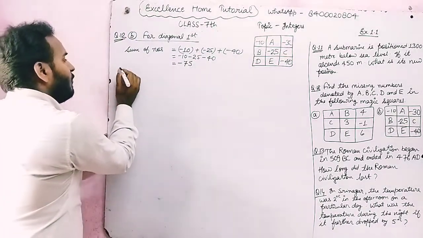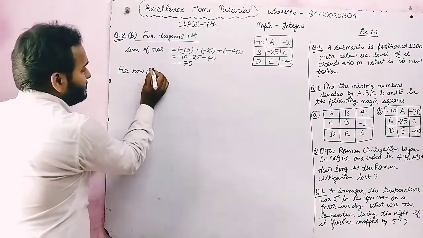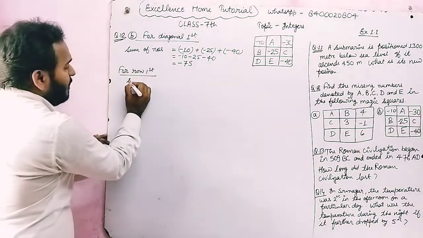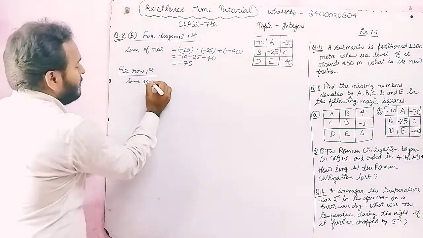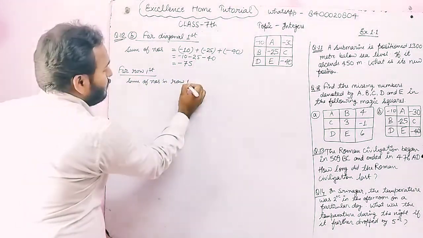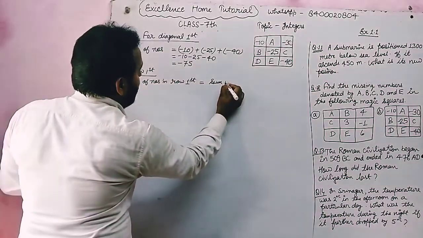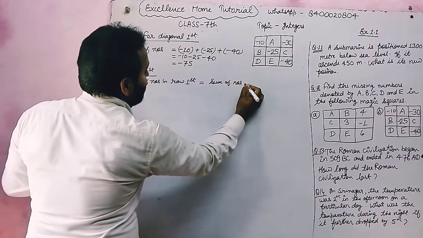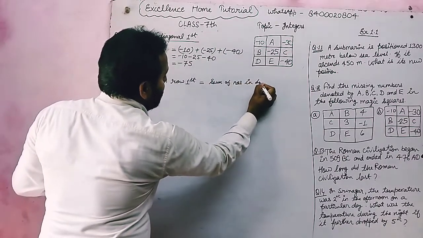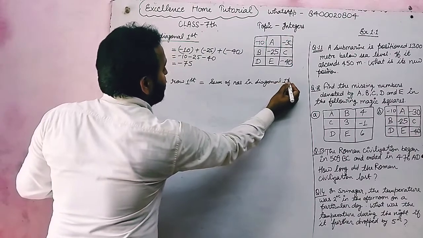So for row first, the sum of numbers in row first is equal to the sum of numbers in diagonal first.